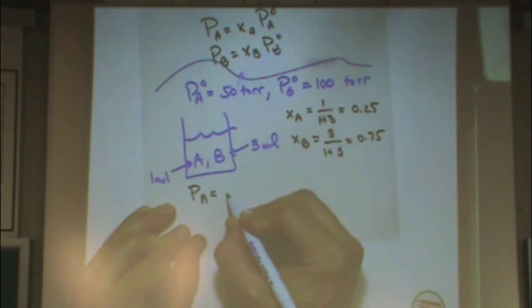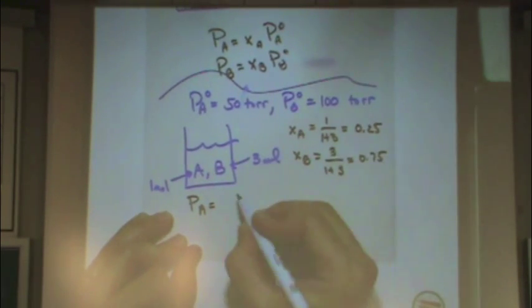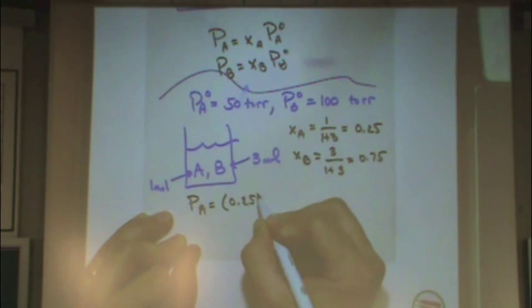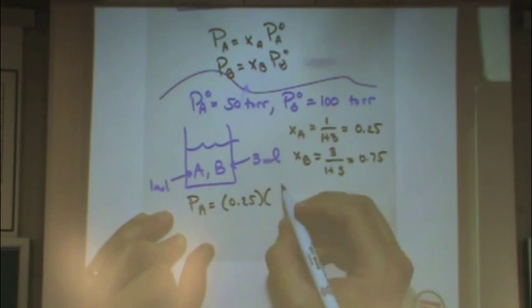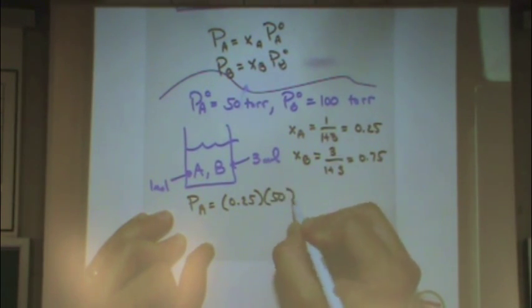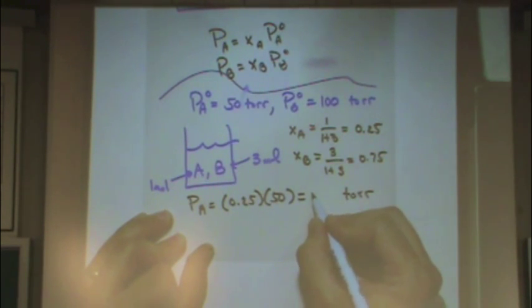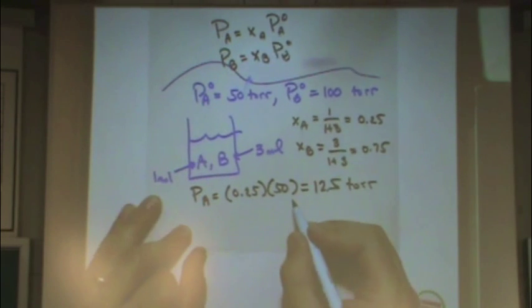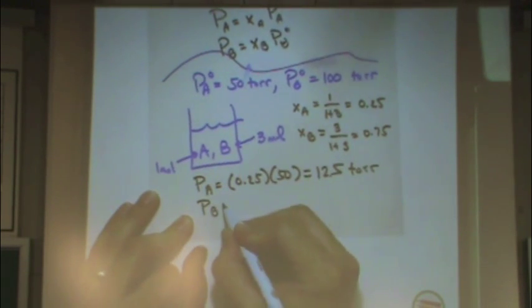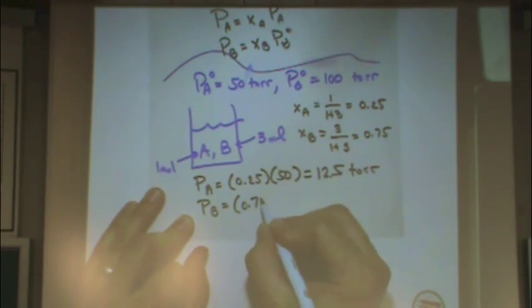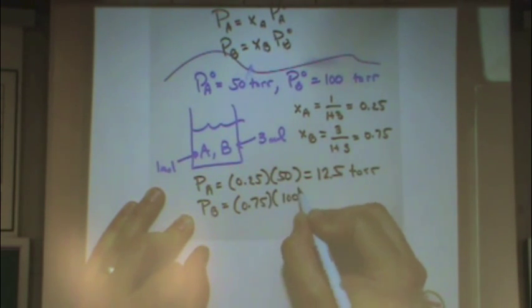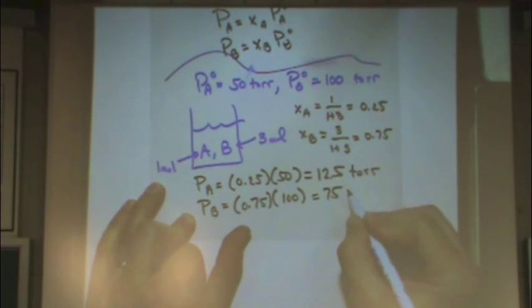The partial pressure of A is the mole fraction of A, 0.25, times the pure pressure of A, 50 torr. Your answer will be in torr. What is this? 12.5. And the partial pressure of B equals the mole fraction of B times its pure pressure, so that'll be 75 torr.